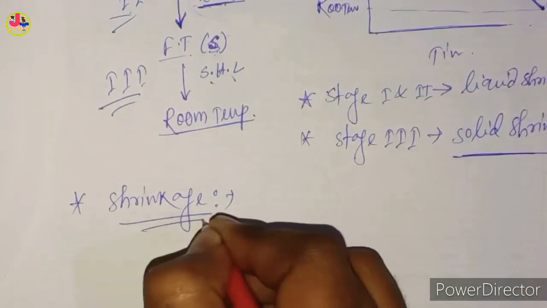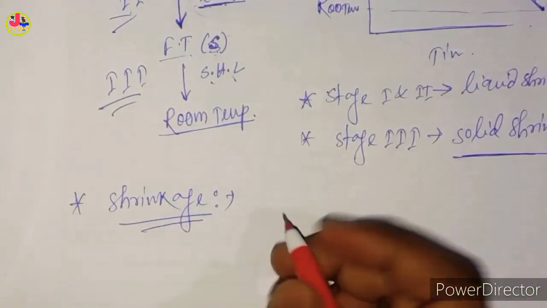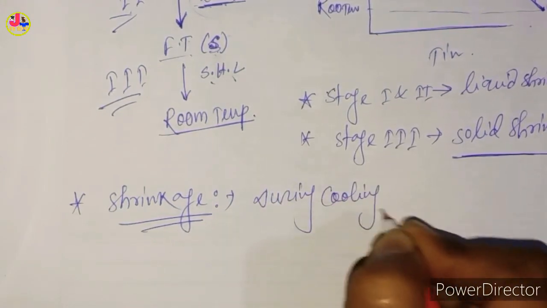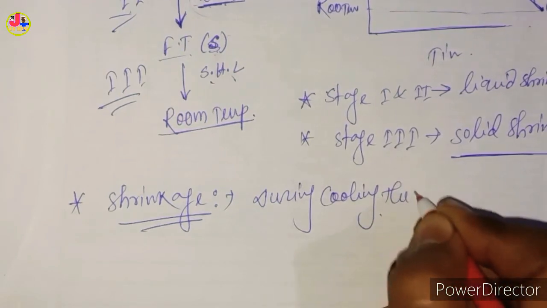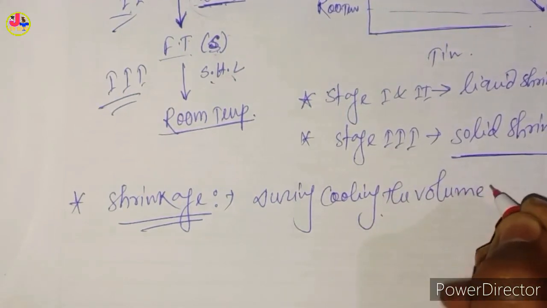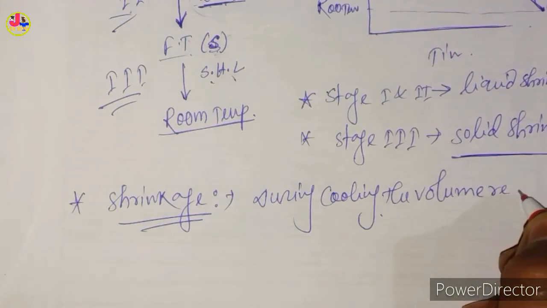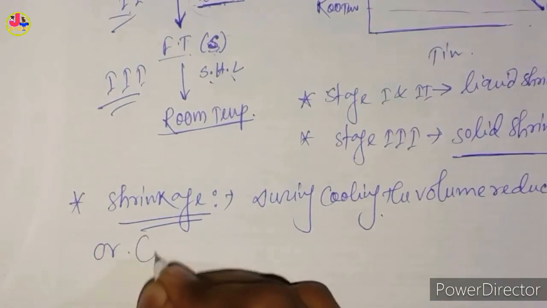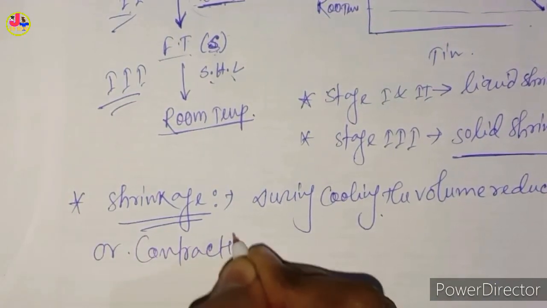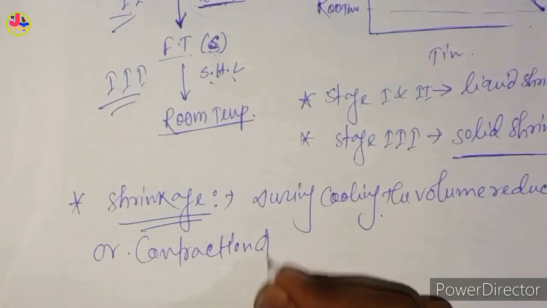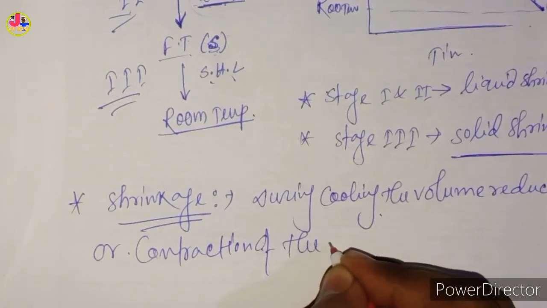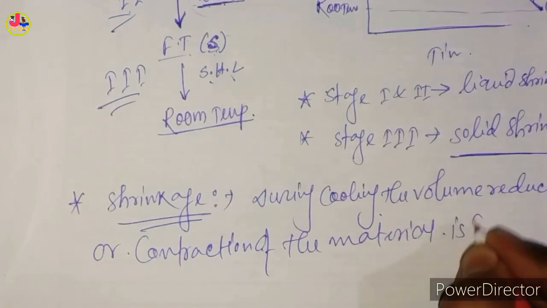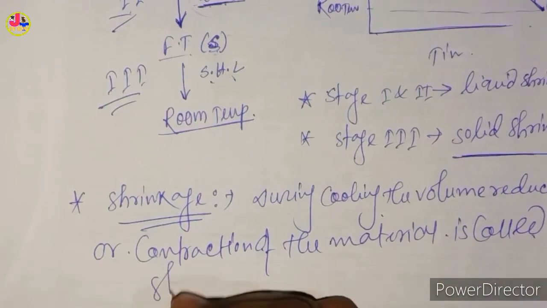What is shrinkage? During cooling or solidification, the volume reduction or contraction of the material is called shrinkage.